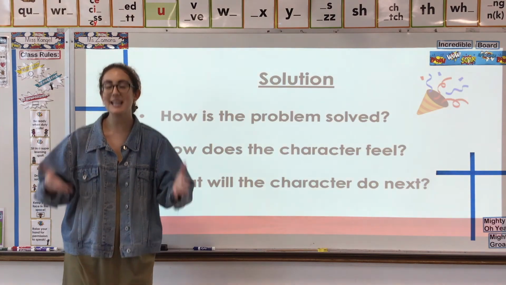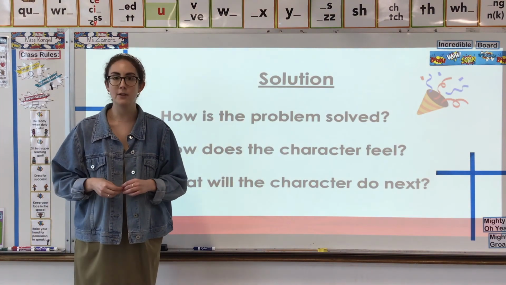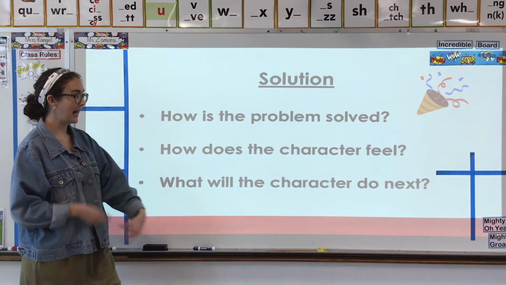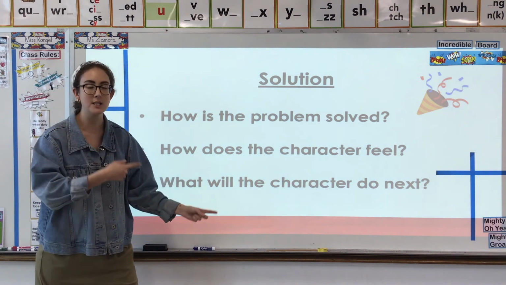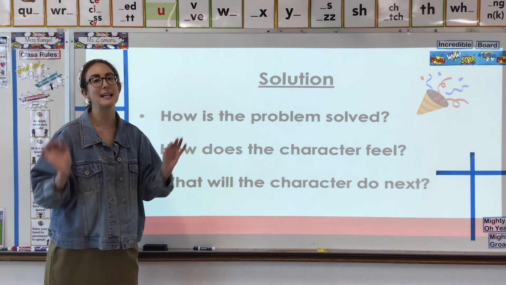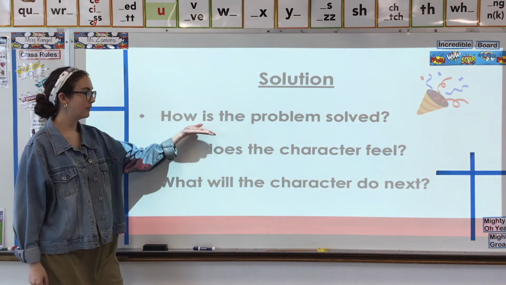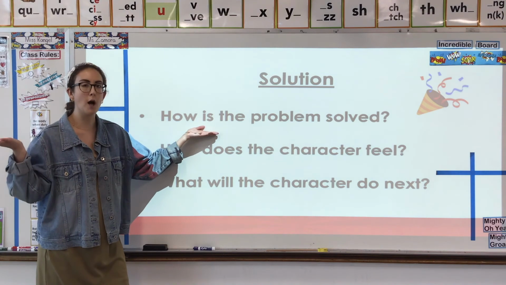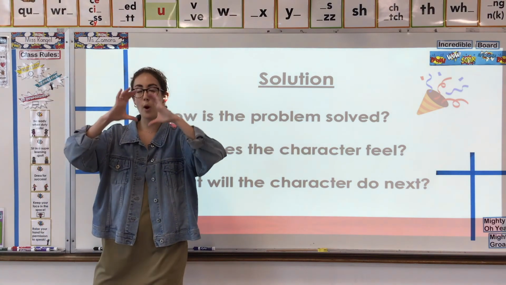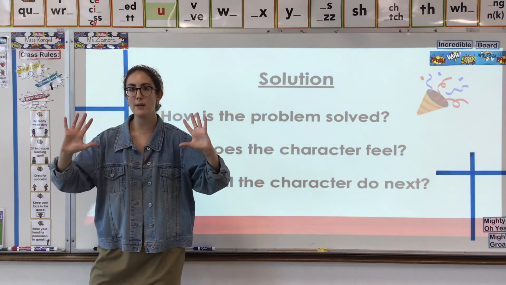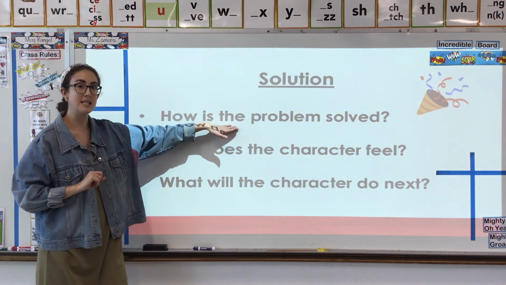And as you're writing this last paragraph of your first draft, remember, these are the 3 questions you need to answer and clearly state in your paragraph. So as a reminder, how is the problem solved? That's already on your plot map, what you already brainstormed. How is the problem solved?